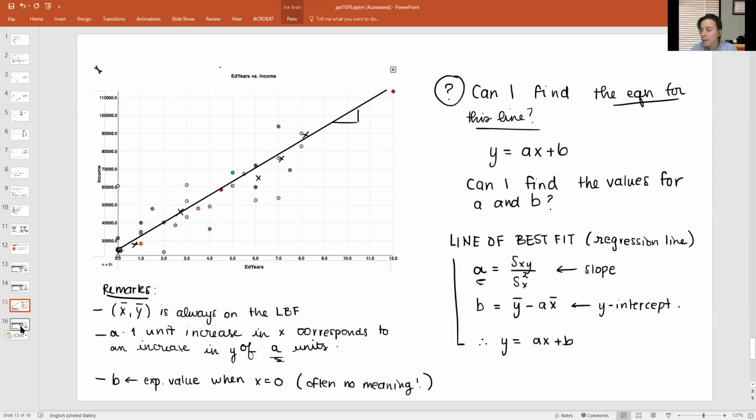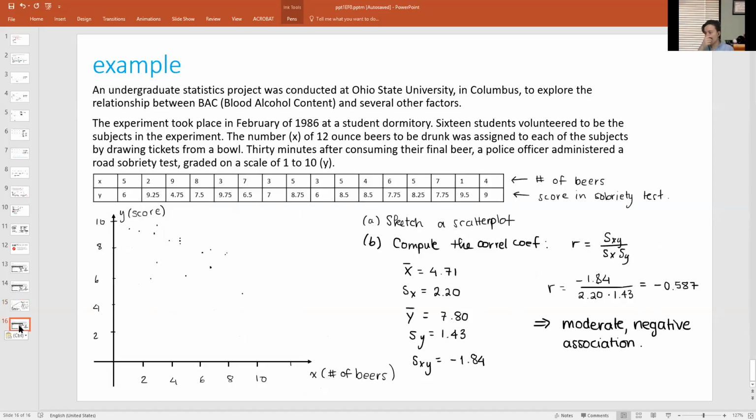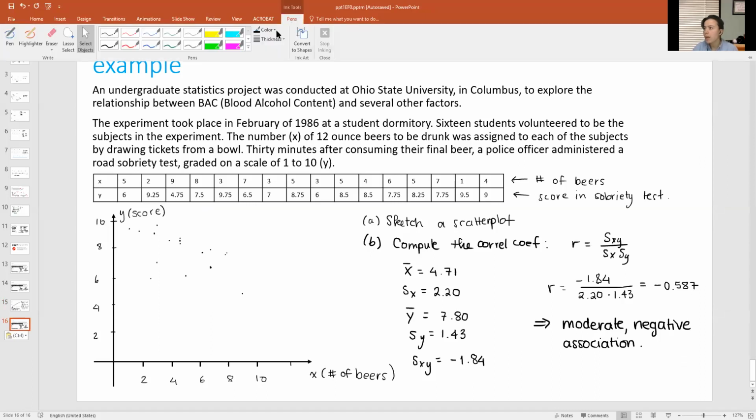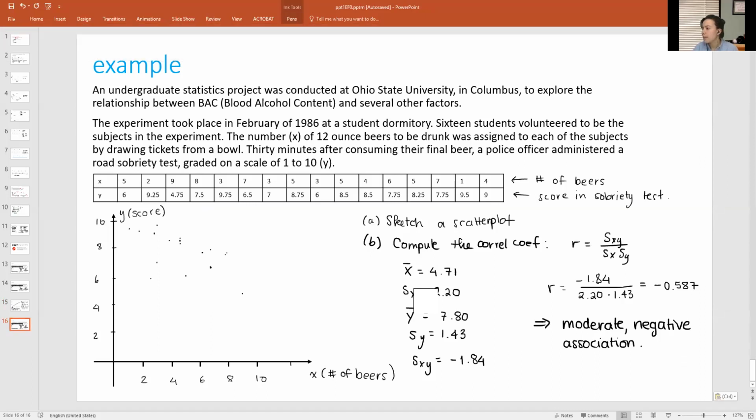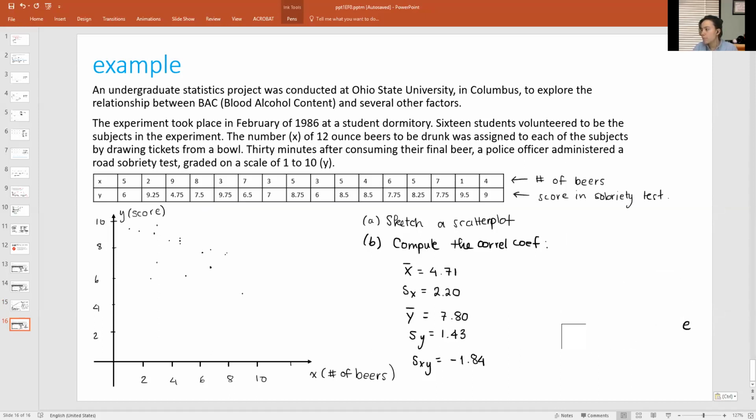So then for this problem, we're given some information, right? We already have the scatter plot. What we're going to do is now compute the line of best fit, and then try to sketch it to see if it actually fits our data.